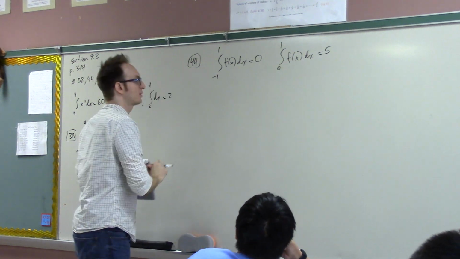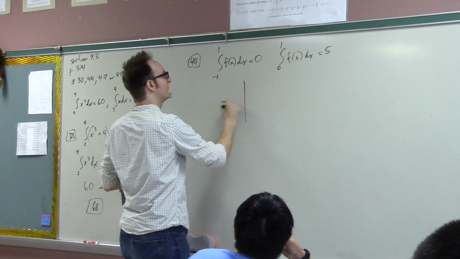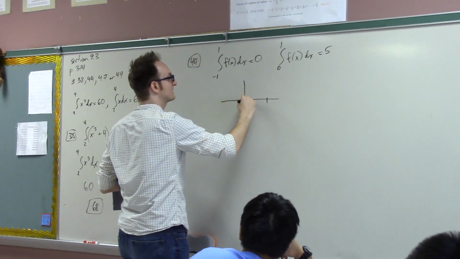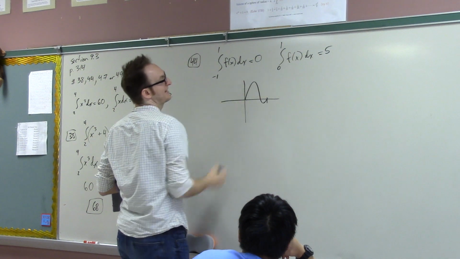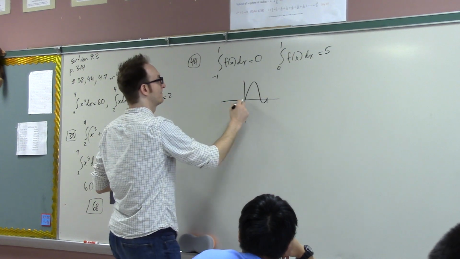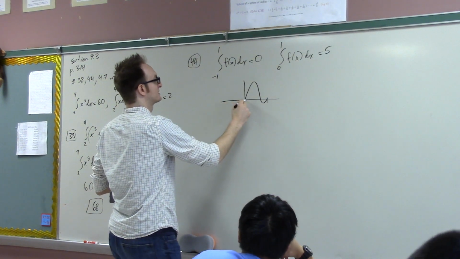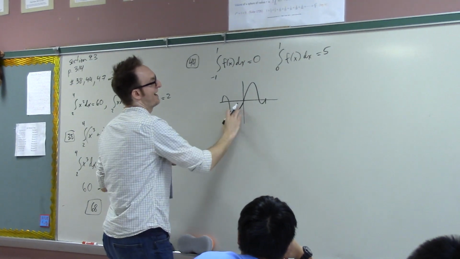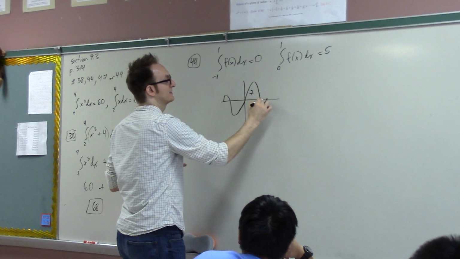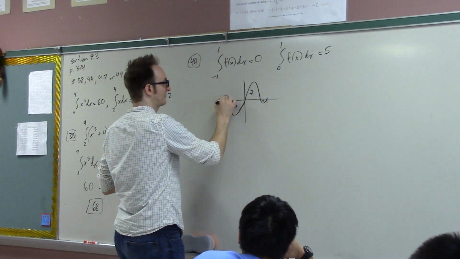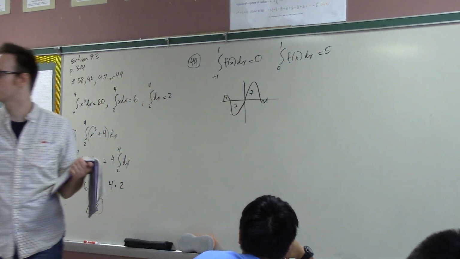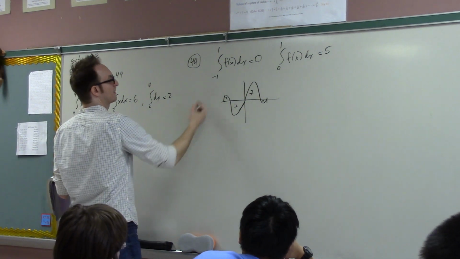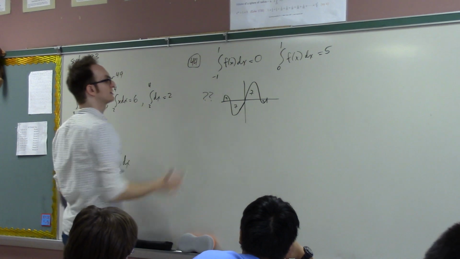It is probably safer to draw a function which is sometimes positive and sometimes negative, and whose difference is 5. So maybe let's call that area 7 and that area 2. Do you guys see the subtle difference with what I just did? Anyway, this is the kind of picture I'm going to be thinking about, that maybe my function looks something like that.